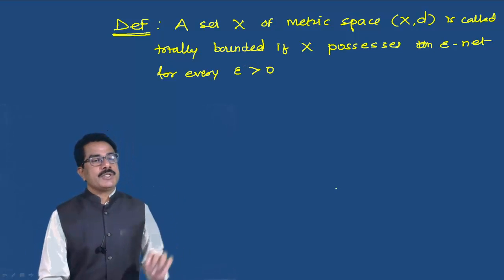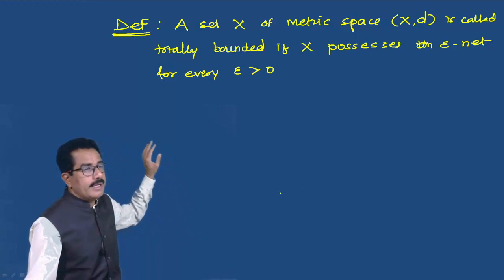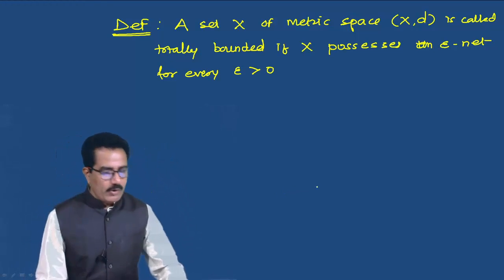If X possesses an epsilon net, then we can say that X is called totally bounded.